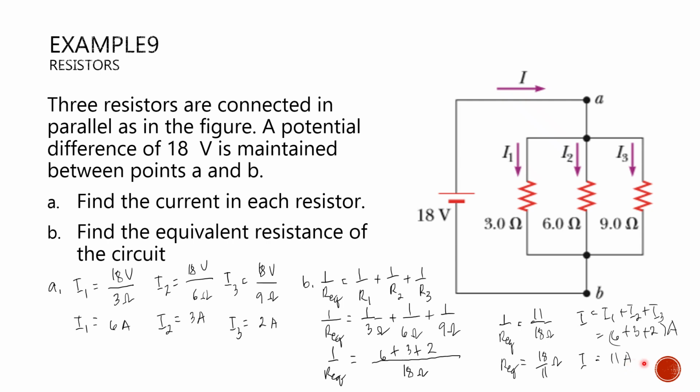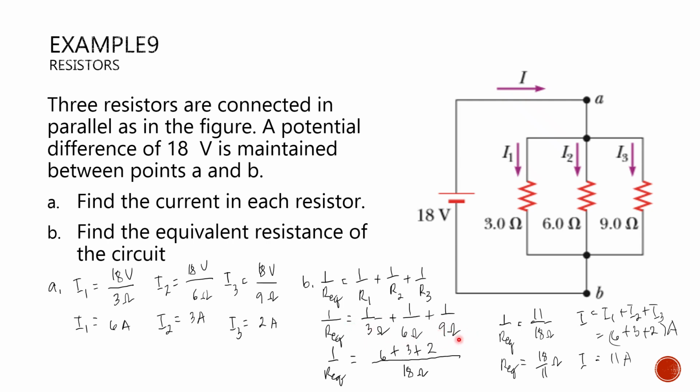Okay, so the first method, though, is safer to use since we're not using a computed value to solve for the equivalent resistance. We're simply using the given values.